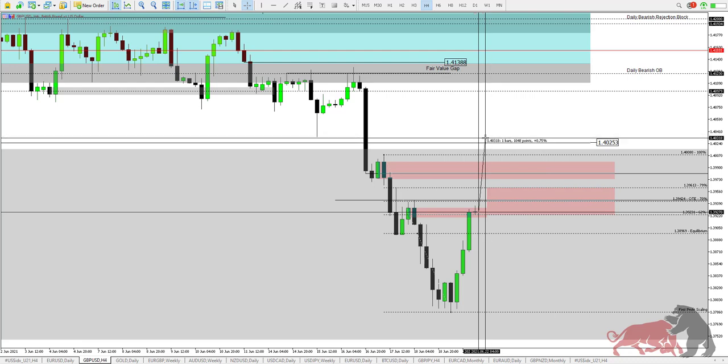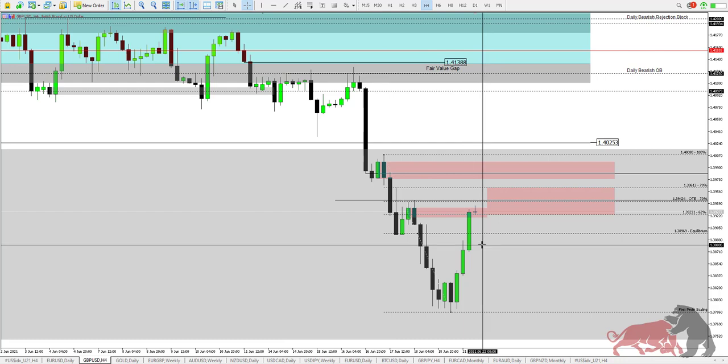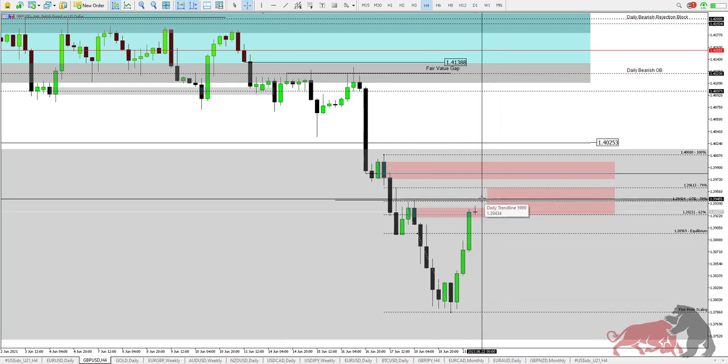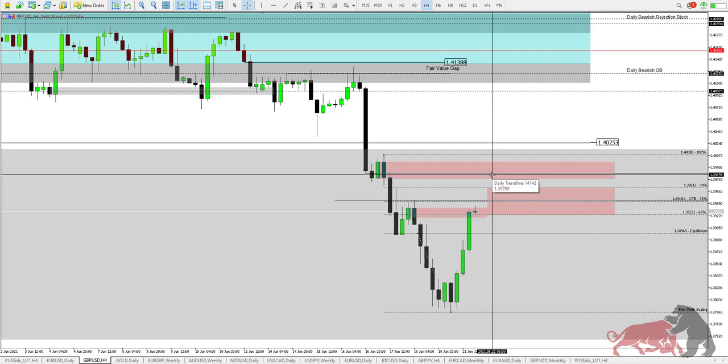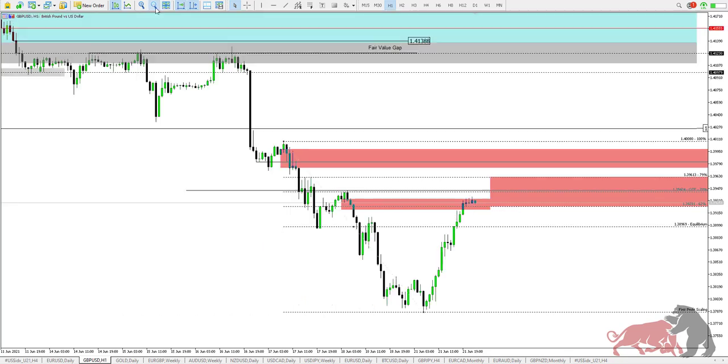You're going to have a risk of almost more than 110 pips, unlike when you short just above 1.39800, you're going to have a risk of less than 50 pips. So yeah, I'm going to be looking for short positions on GBPUSD.